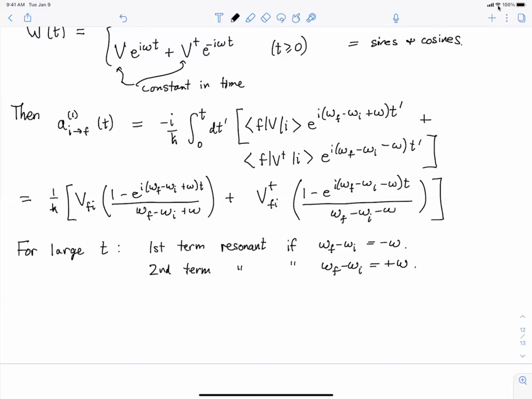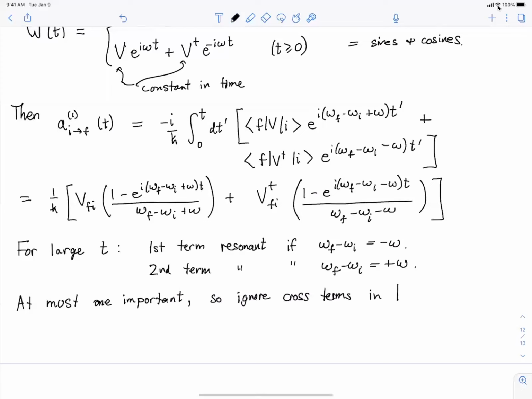So at most, one of these terms is important in any given situation. Because omega_f minus omega_i can't be both omega and minus omega at the same time unless omega is 0. So what that tells us is that we get to ignore the cross terms between these two terms when we square this amplitude. Okay, so ignore cross terms, which is a big help.